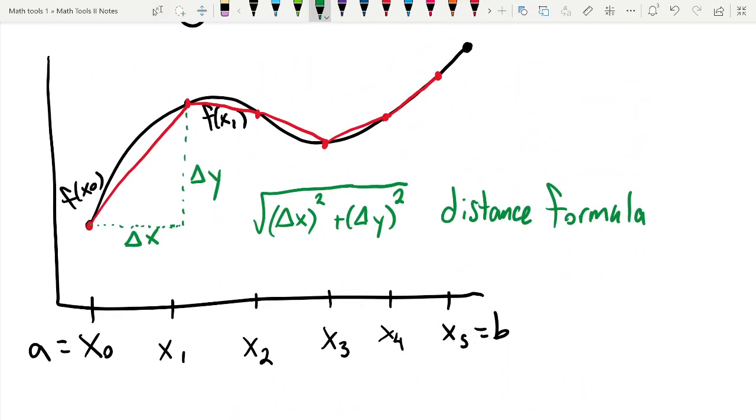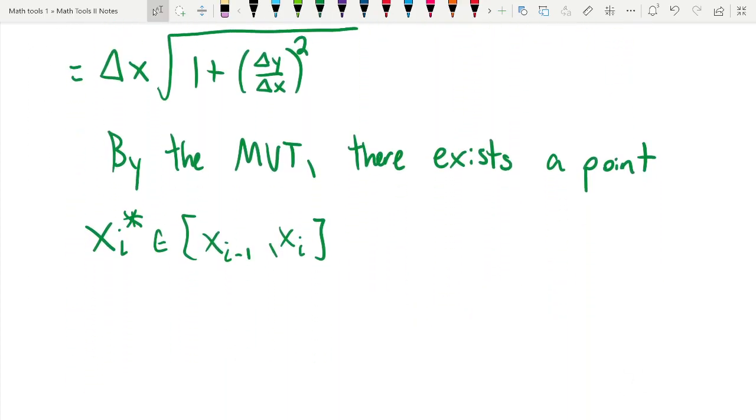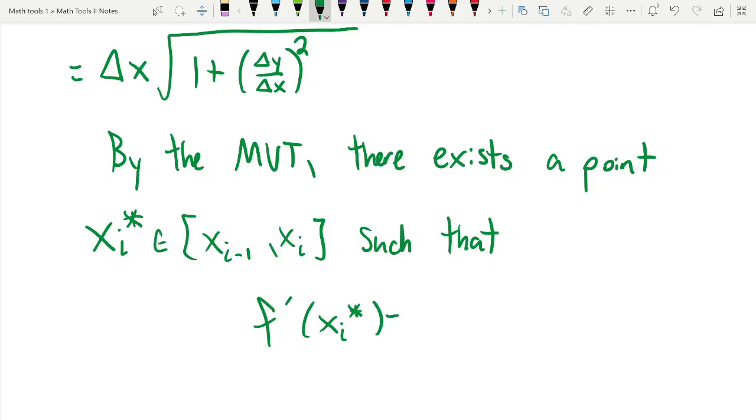We happened to draw it on the first one, but we could do this between any of them. Then there exists a point xi star in there such that f prime of xi star is equal to delta y_i over delta x, right, to indicate that we are in that specific interval. Maybe we say delta x_i.